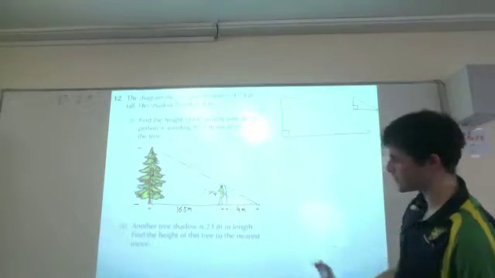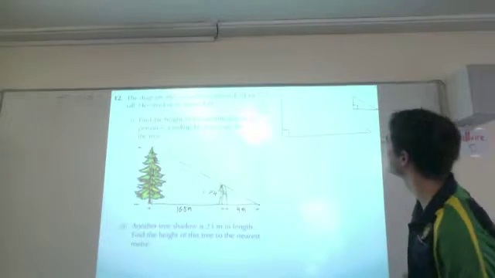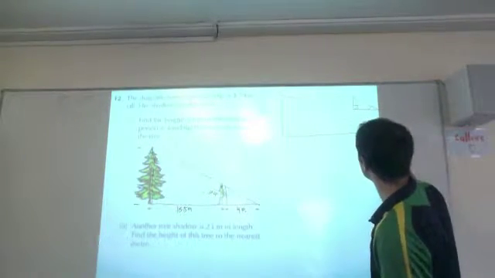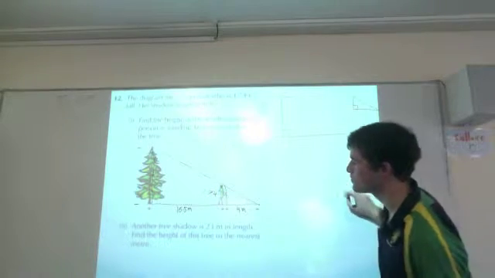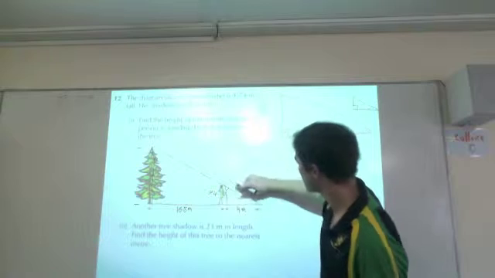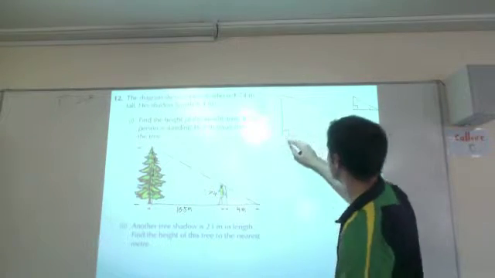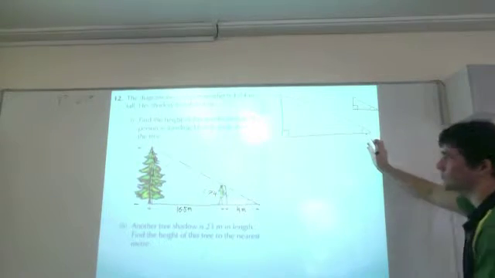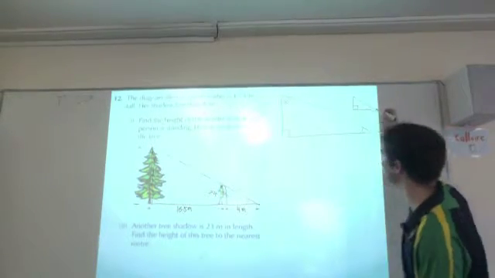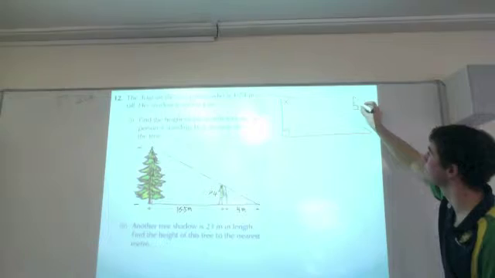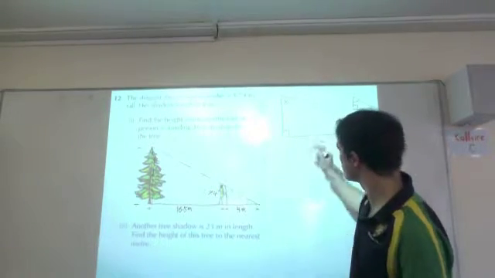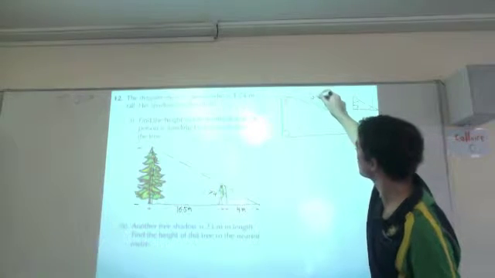This is 90 because it's perpendicular to the ground. This angle is common. Okay, so these are both the same. And this angle up here, well, if we take 90 and our common angle away from 180, we're left with whatever this angle is, which will be exactly the same up here. So we can say these are similar.